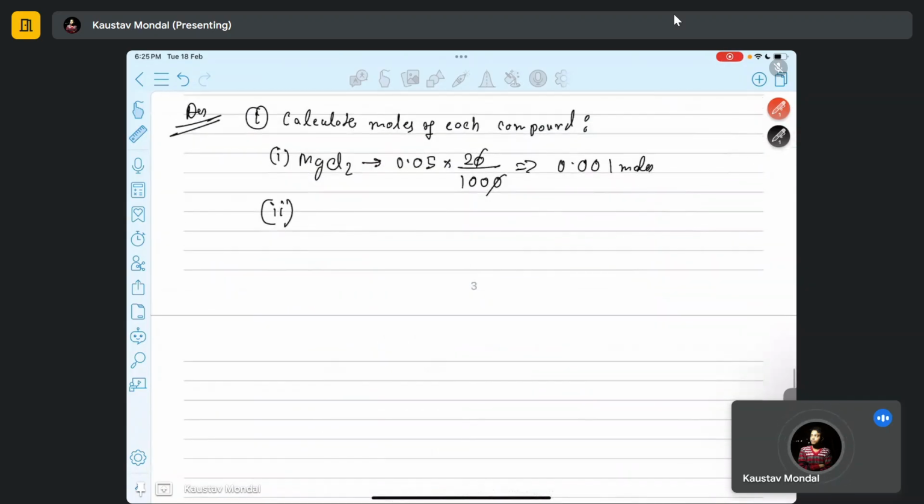Similarly, the second solution is Na2SO4, 30 ml of 0.05 M. So that is 0.05 M into 30 by 1000. This will give you 0.0015 moles, right?